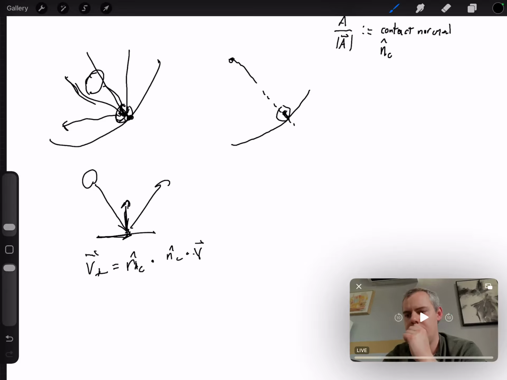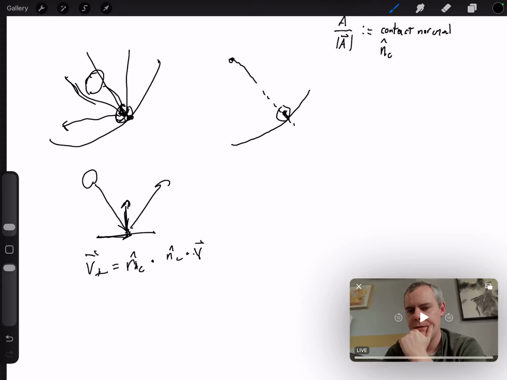So that will be the length of V in line with NC. Is that done? I thought there was more than that, but that might be it. I think it helps that NC is a unit vector. It could be more complicated, but it's not.